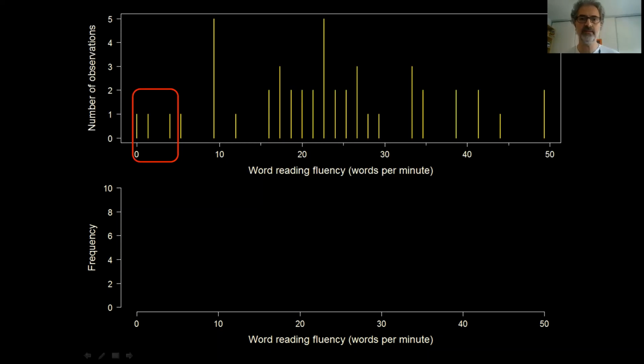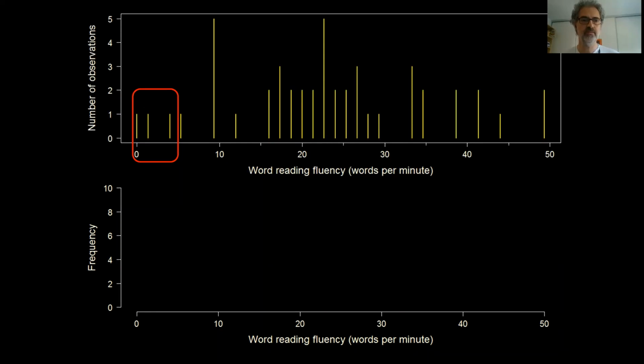So how many children had reading rates from 0 to 5 words per minute? Well, 1, 2, 3. So these 3 children go into the first bin that represents values between 0 and 5, and there are 3 values inside this bin, this bucket.